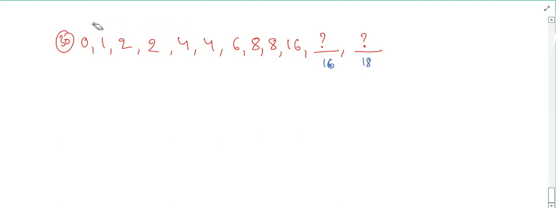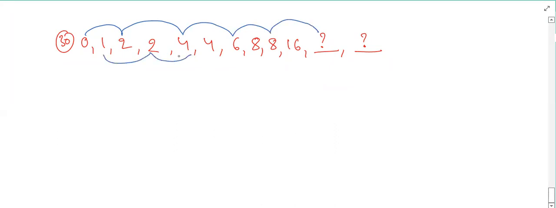So here you are not getting it using differences and even using multiplications also. So in this type of questions, we may try like this also. See, now you will get the logic easily. Got it?